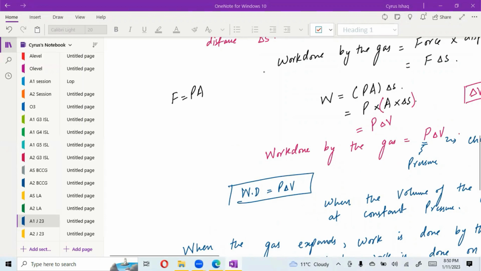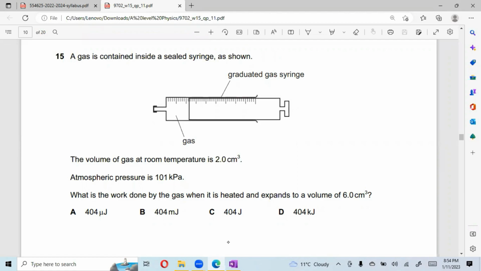This question came in winter 15 paper 1-1 and also in summer 20. The question says work done is equal to P into delta V, right? You will do 6 minus 2 into 10 raised to power minus 4.